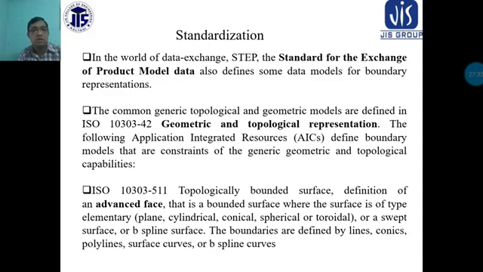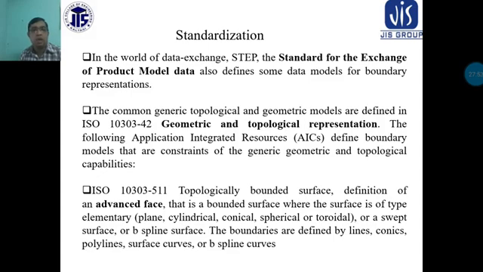The common generic topological and geometric models are defined in ISO 10303-42, the geometric and topological representations.